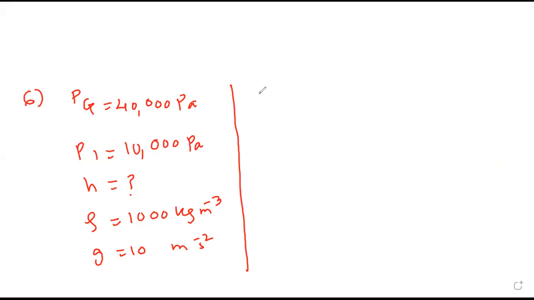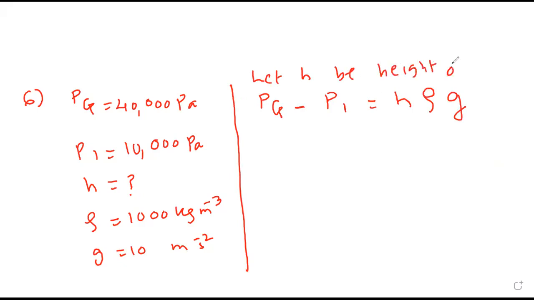So I can say pressure due to water from top to the ground minus pressure from top to the first floor is nothing but height of the first floor due to water into rho into g. Let h be height of first floor.